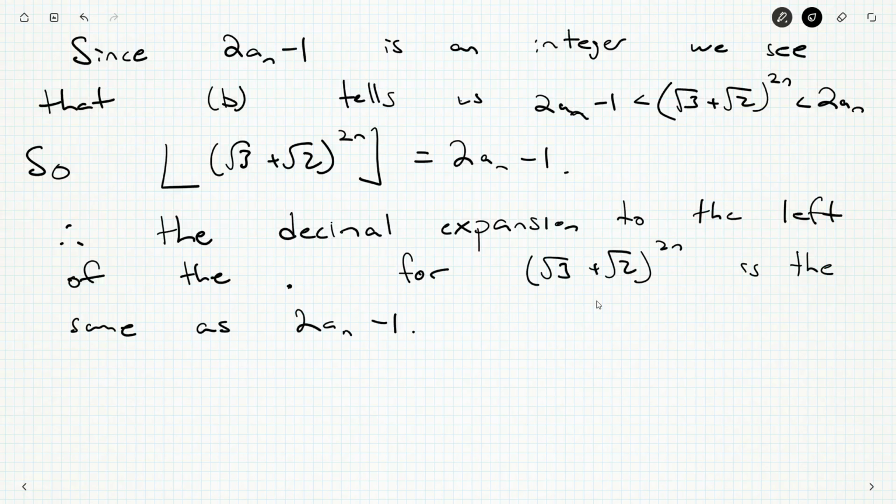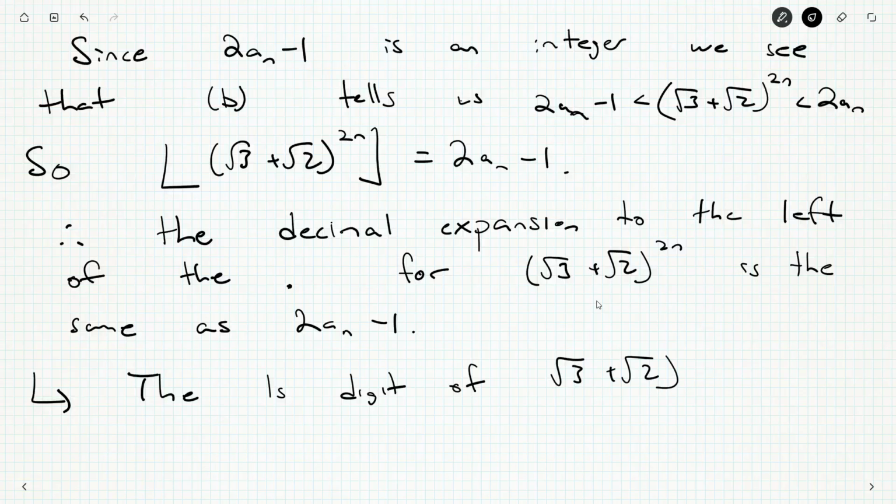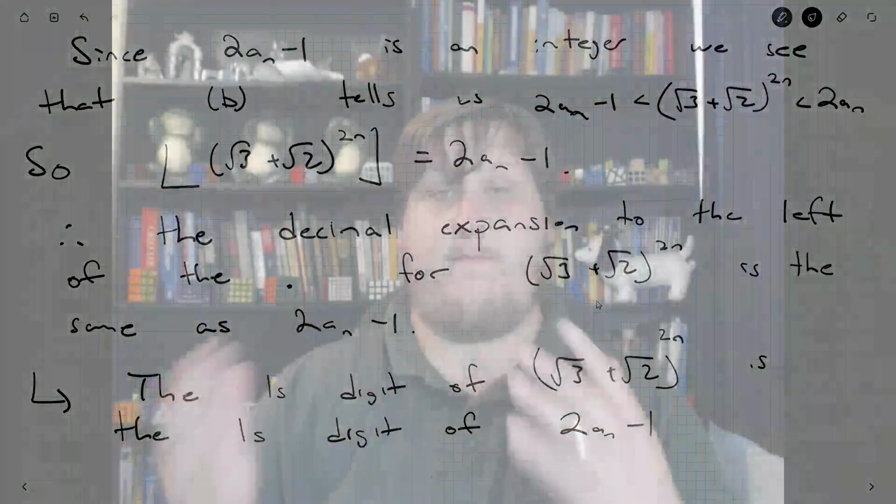Okay, so what have I really shown? The ones digit of (root 3 plus root 2) to the 2n is also the ones digit of 2an minus 1. And now what does this give me the benefit of? Now I don't need to be dealing with all these root 2s, root 3s, and various exponents. I just sort of need to be able to talk about the 2an minus 1s. That's what I need to talk about.